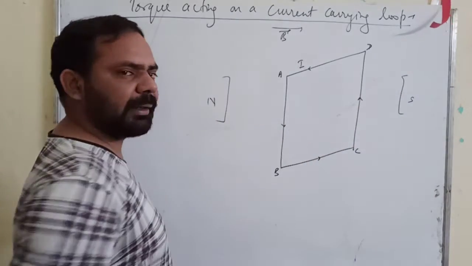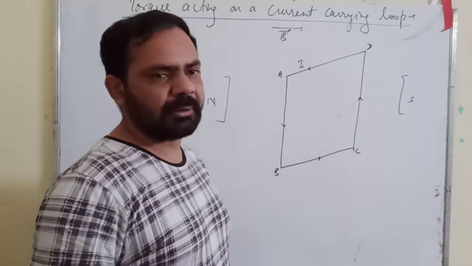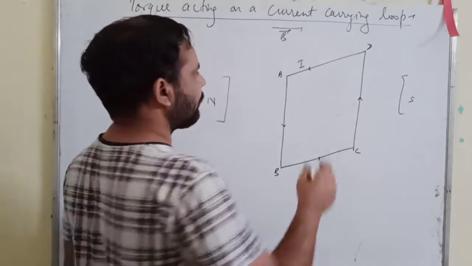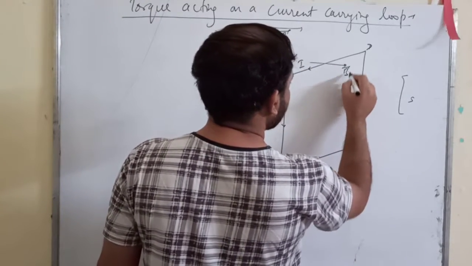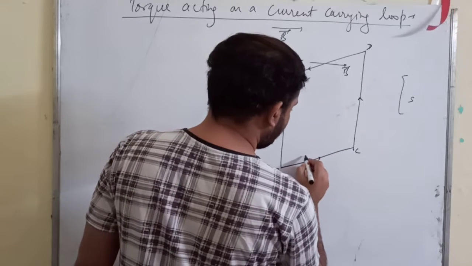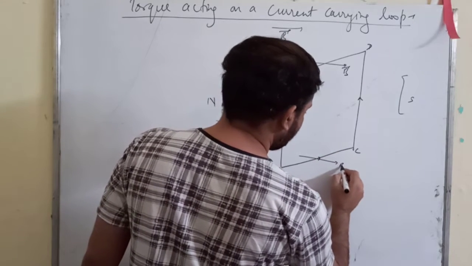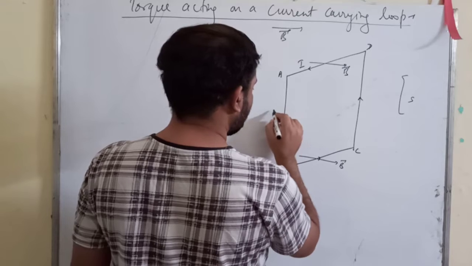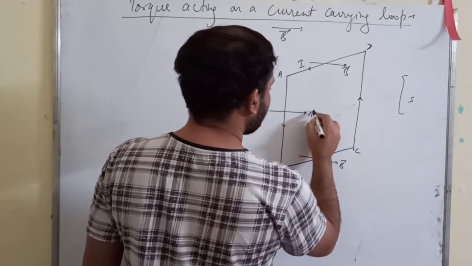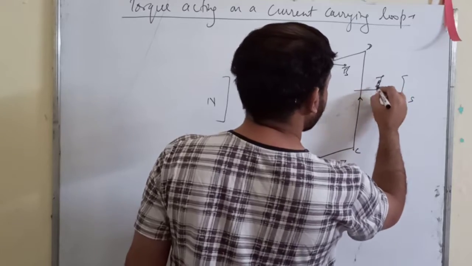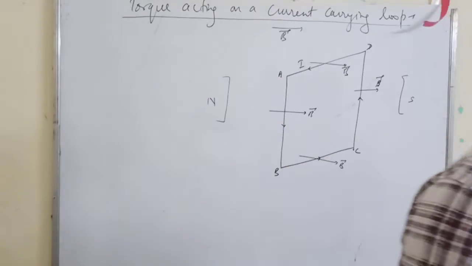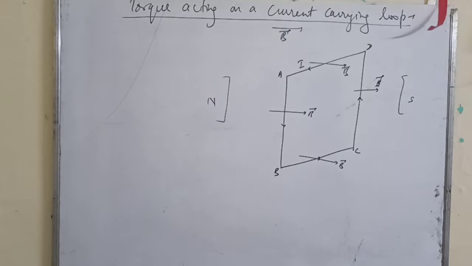So the direction of magnetic field will be from north pole towards the south pole. So suppose here it passes like this, B, okay, then this is B, and here it is B, and here also it is B. So the magnetic field is crossing the loop.